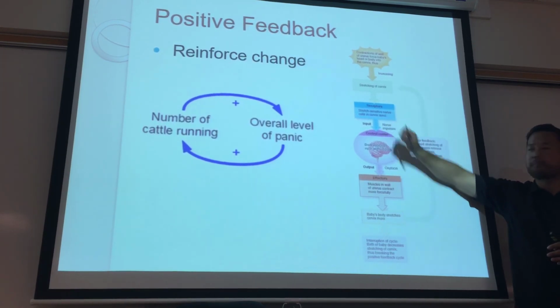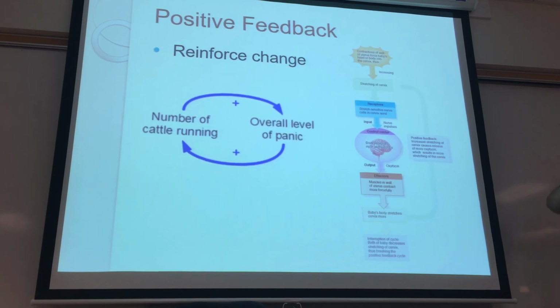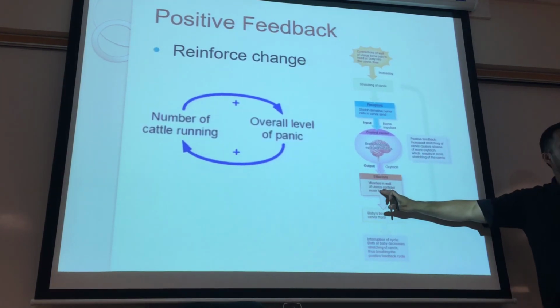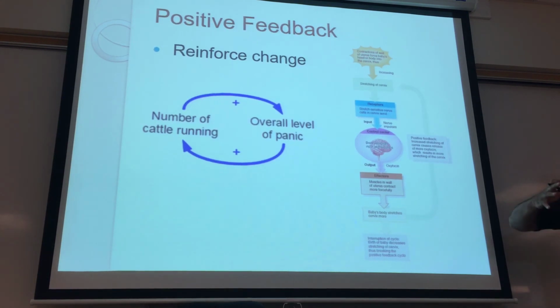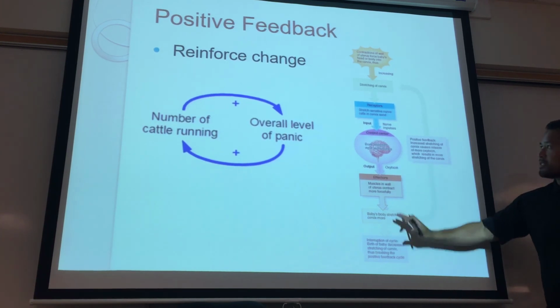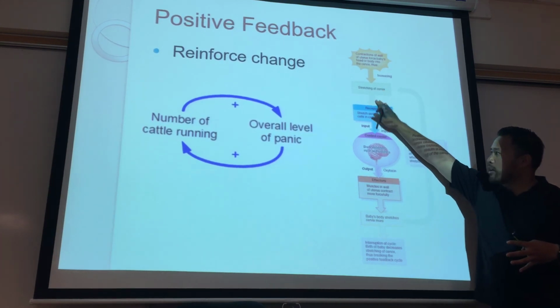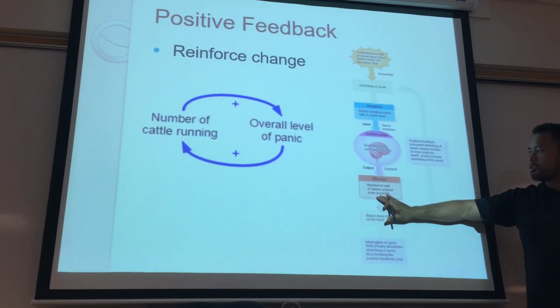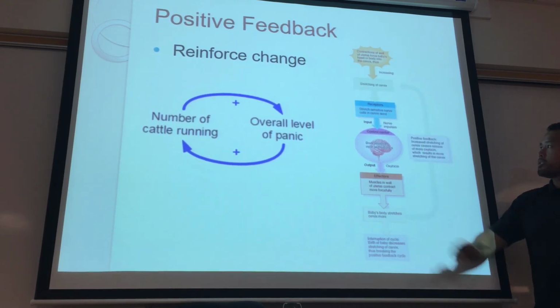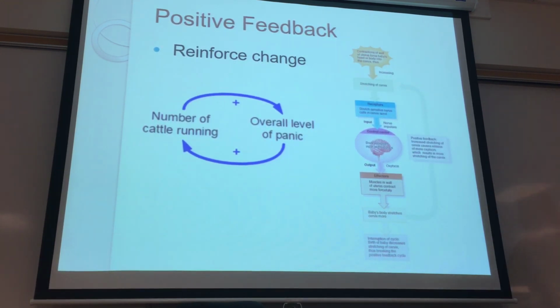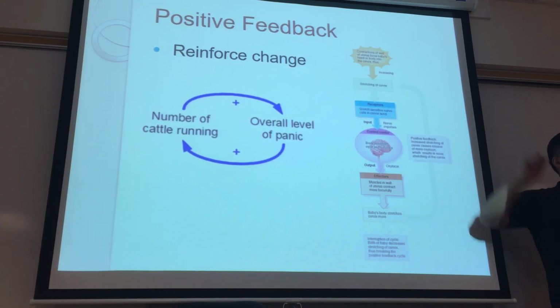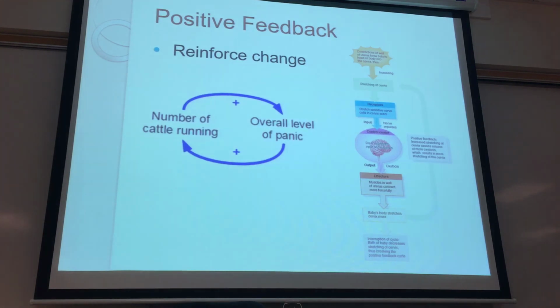When oxytocin comes in, it works specifically on the wall of the uterus to cause more contractions. Those contractions press the baby against the cervix, causing more of a stretch. And more of a stretch results in more oxytocin, which causes more contraction of the uterus. So if you were to take a mother and measure the levels of oxytocin as she approaches birth, you would see that oxytocin levels rise. That's the example of positive feedback.